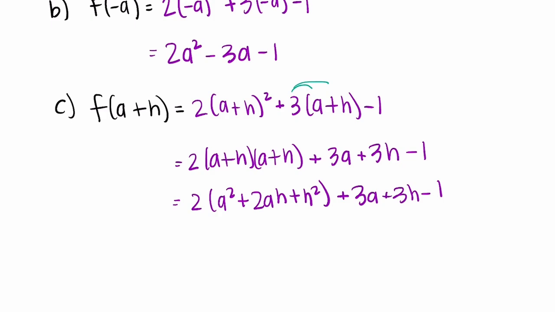Any questions getting here? Okay. And then I'll just go ahead and distribute the 2. So 2a squared plus 4ah plus 2h squared plus 3a plus 3h minus 1.